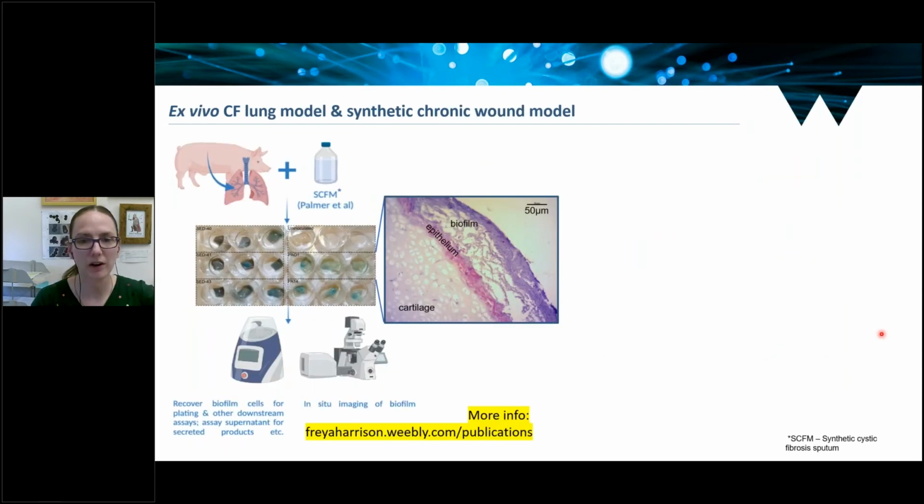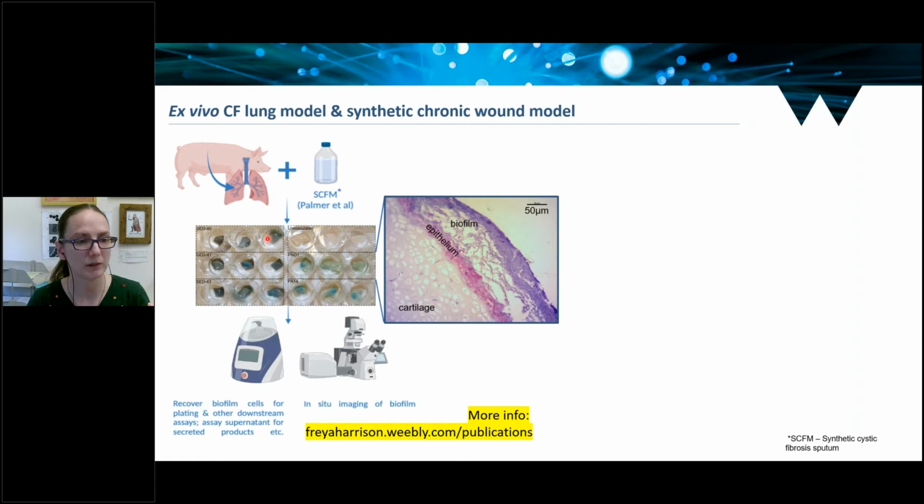We developed our own ex vivo cystic fibrosis lung model. And what we do is we take lung tissue from pigs that have been slaughtered for meat. So we get this from a commercial abattoir. It's a waste product from the human food industry. We dissect out small 5 to 10 millimeter sections of the bronchiole from the pig lungs, and we combine that with synthetic cystic fibrosis mucus, which is a very defined medium that mimics the mucus inside the lungs of people with CF.